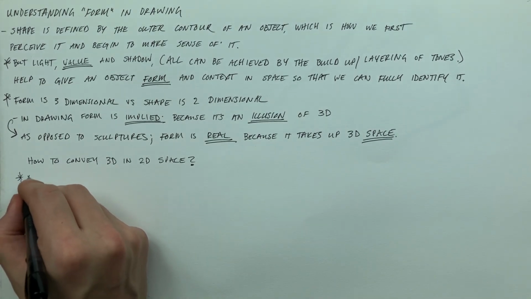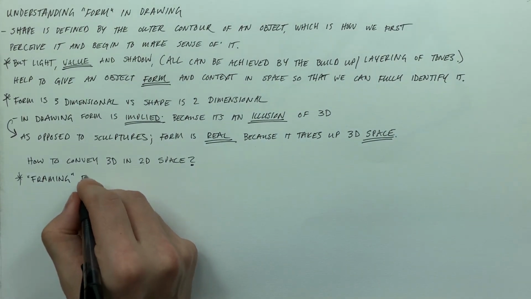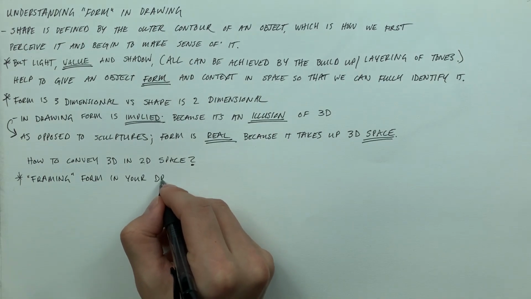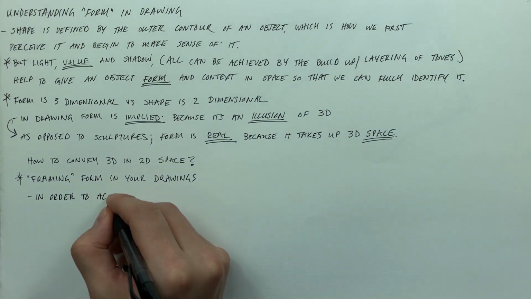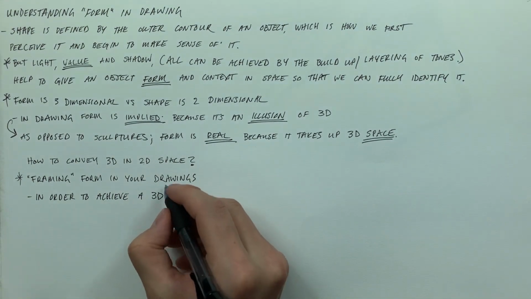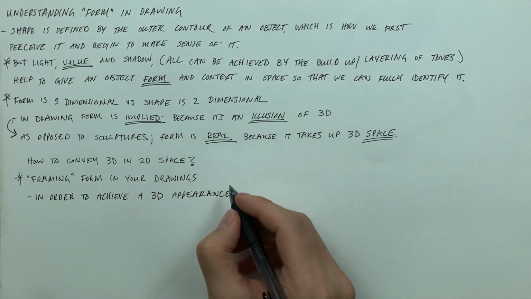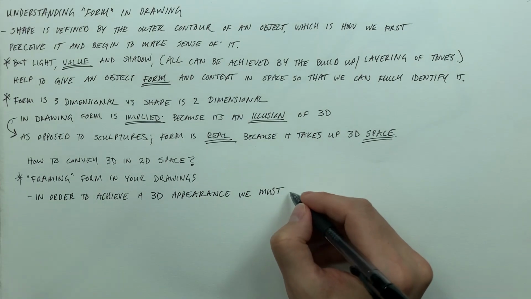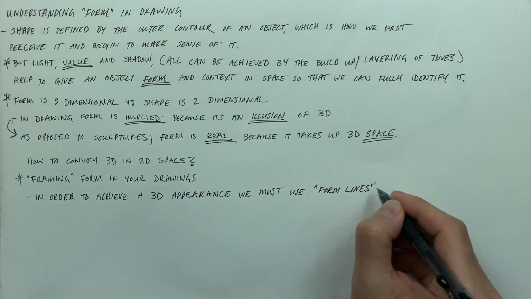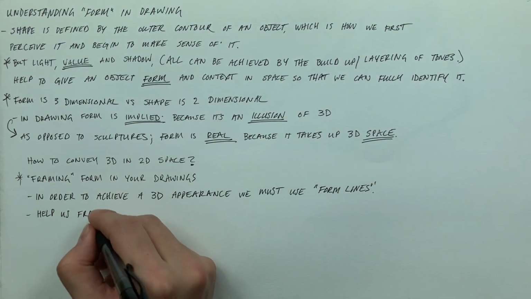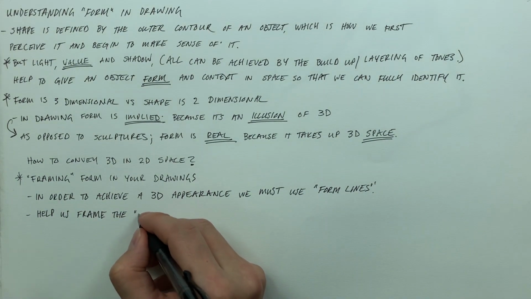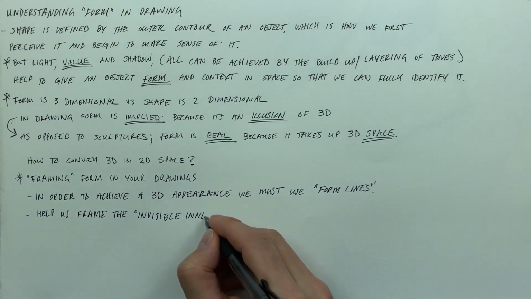Well, I use a technique that I have dubbed framing my form in my drawings. So in order to achieve a 3-dimensional appearance, we must use form lines in our preliminary outline. And this will help us frame what I call the invisible inner contours of our subject.